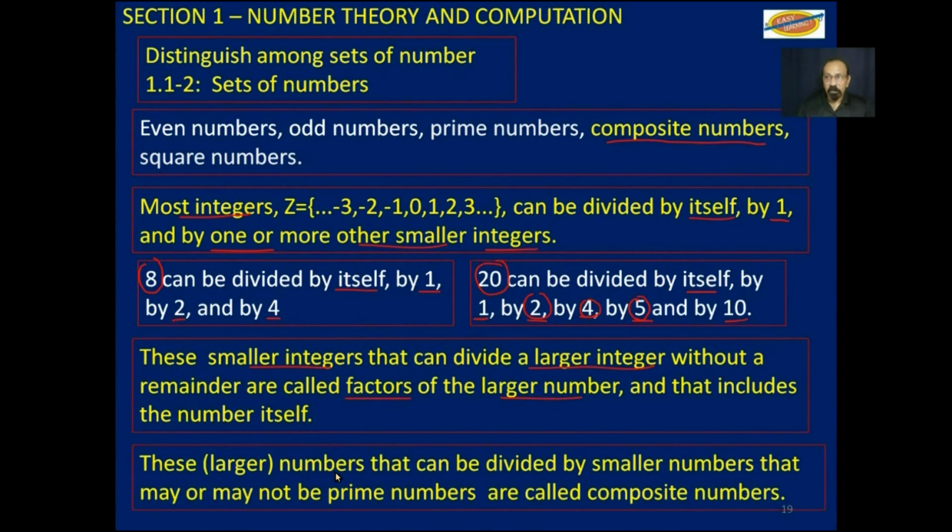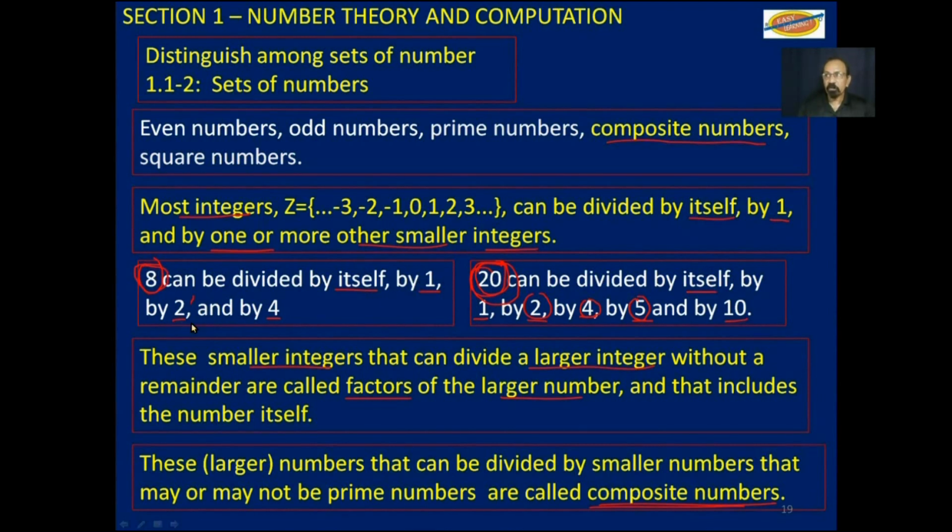But the large numbers that can be divided by the smaller numbers, which may or may not be prime numbers themselves, are called composite numbers. So in this case, 20 will be a composite number. It has more than 2 factors, itself and 1. It has more than those 2. 8 also has more than 2 factors, itself and 1.